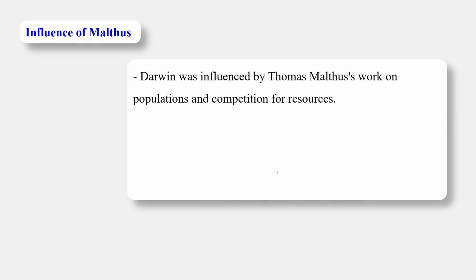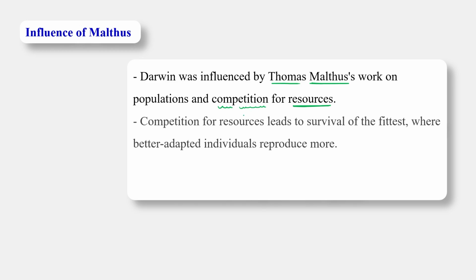Darwin was also influenced by Thomas Malthus' work. Thomas Malthus also worked on population and competition for resources. As resources are limited, obviously there must be competition between individuals of the same kind of group.